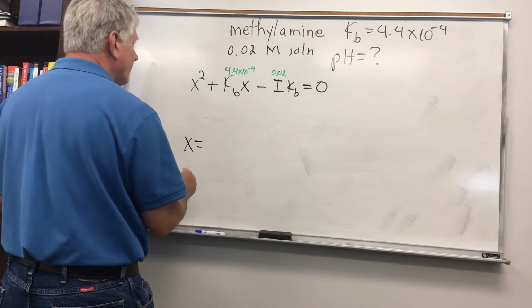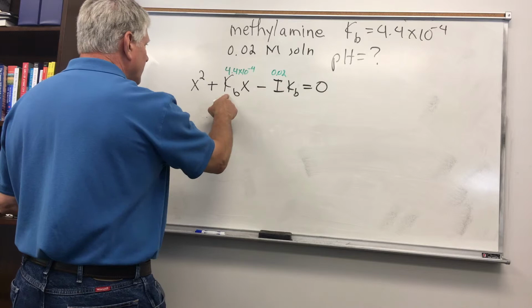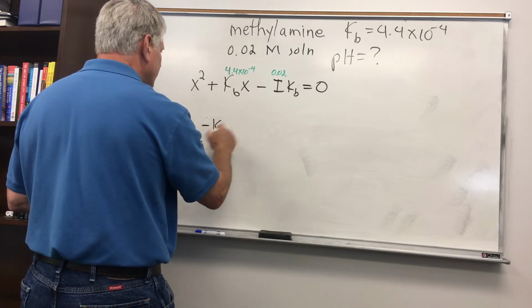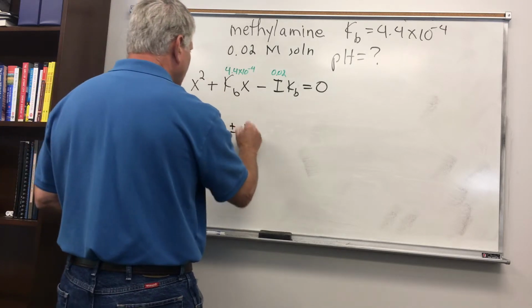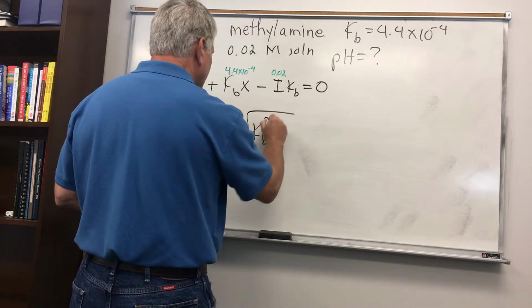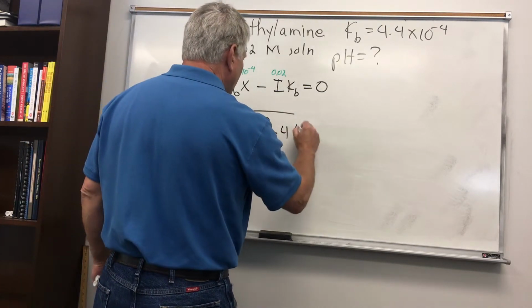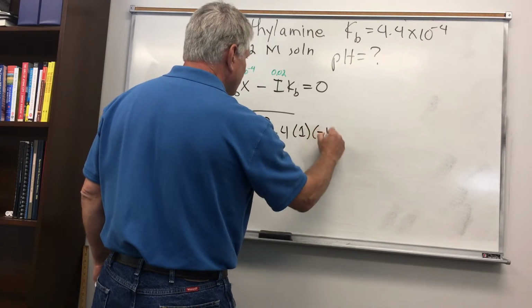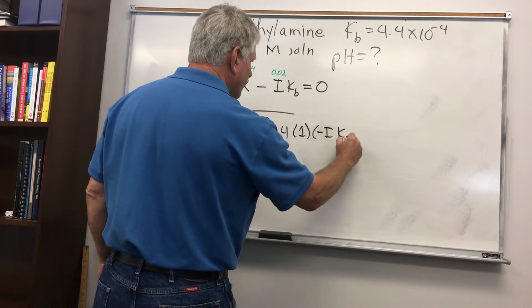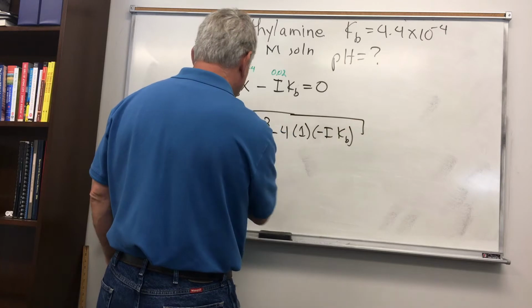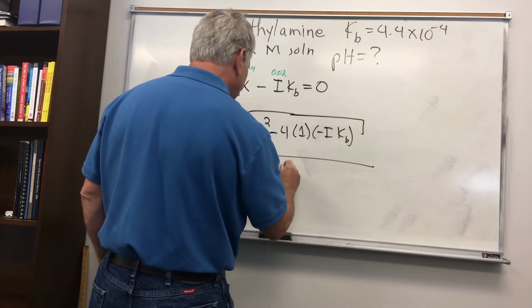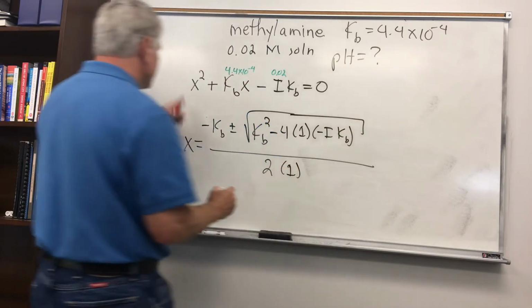X is equal to minus B, which is Kb, plus or minus the square root of B squared, so that's Kb squared, minus 4AC, all over 2A. A is 1.